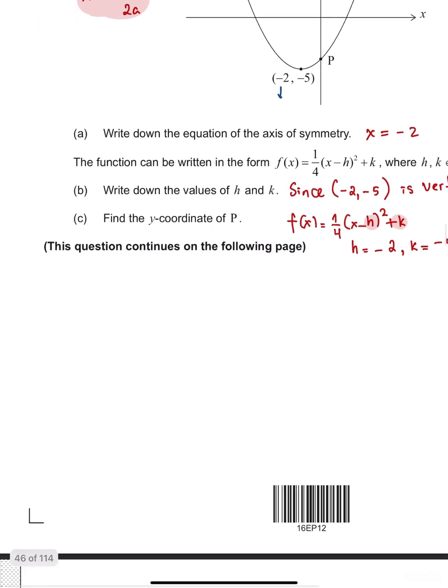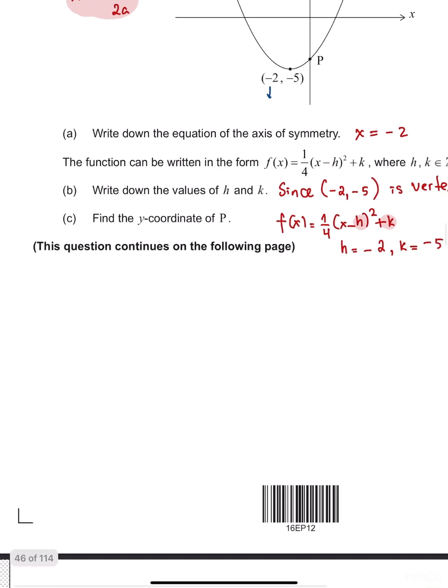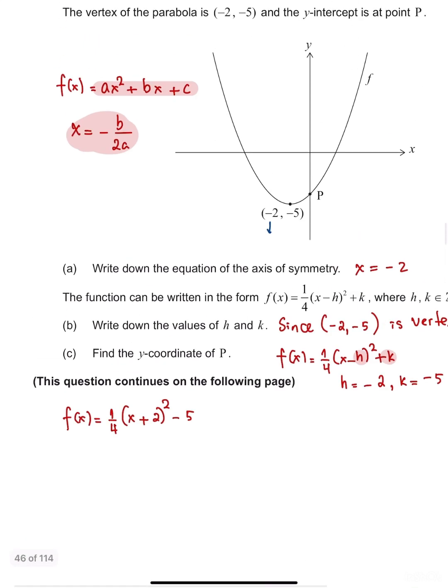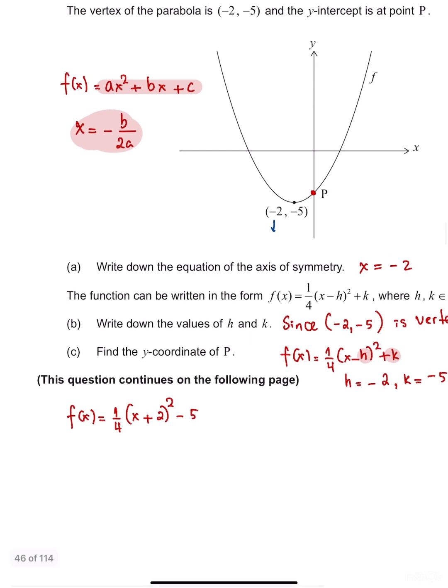Then they want you to find the coordinates of P. We already know that f of x equals 1 over 4 (x plus 2) squared minus 5, right? And P here is the y-intercept.